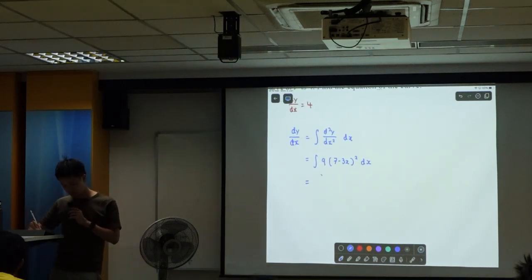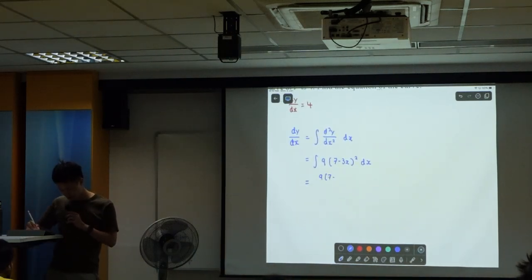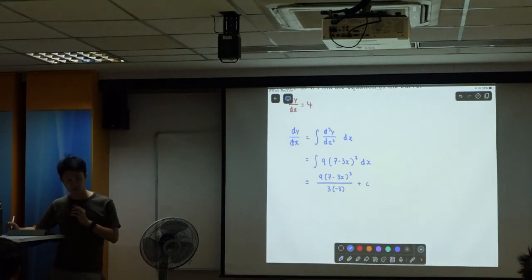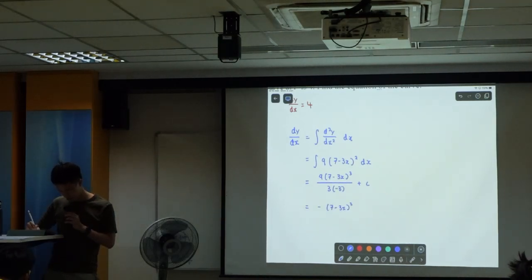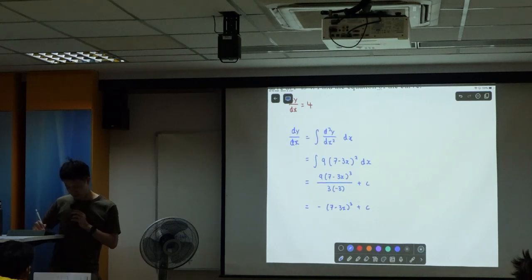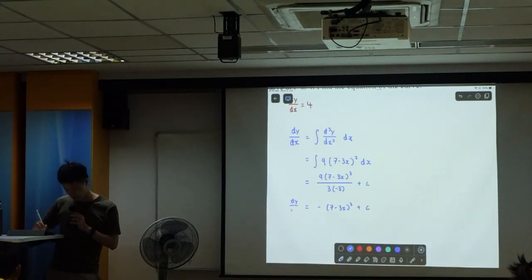This is simply 9 times (7 minus 3x) to the power of 3 divided by 3 times negative 3, plus c. Simplify them. You have negative (7 minus 3x) cubed plus c. So this is in fact your dy/dx.